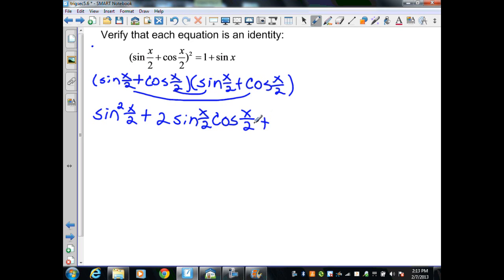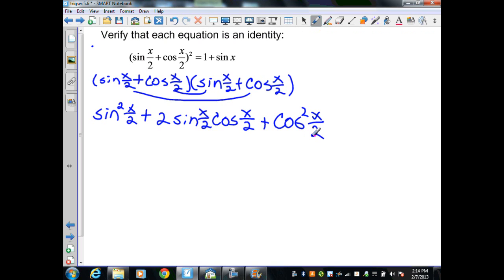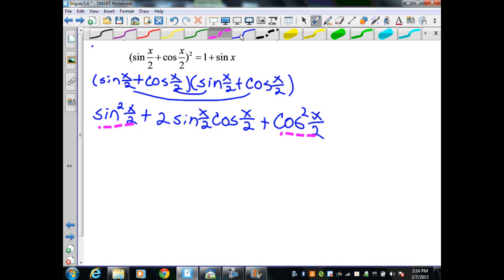And then my last term is cosine squared x over 2. But if I take a look at this and that term added together, that is an identity. That's one of our Pythagorean identities: sine squared theta plus cosine squared theta equals 1. Theta could just be x over 2.